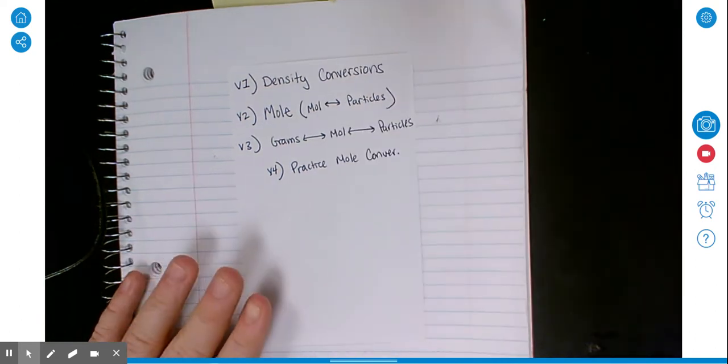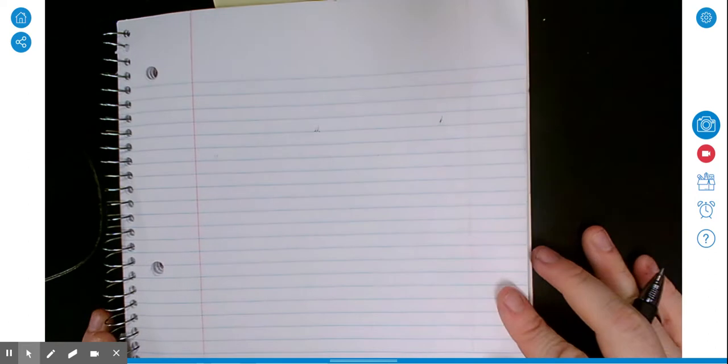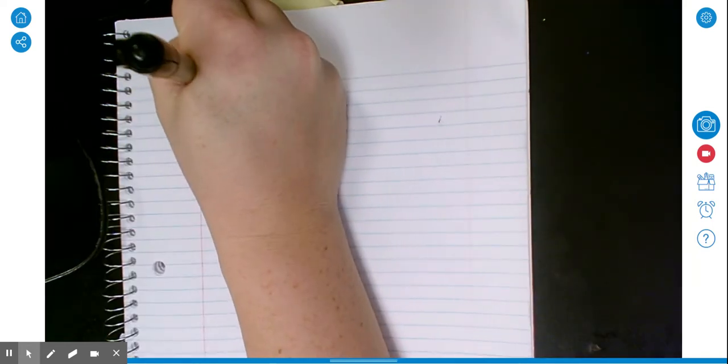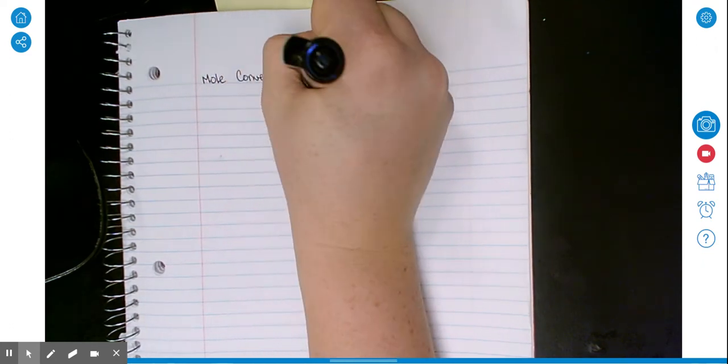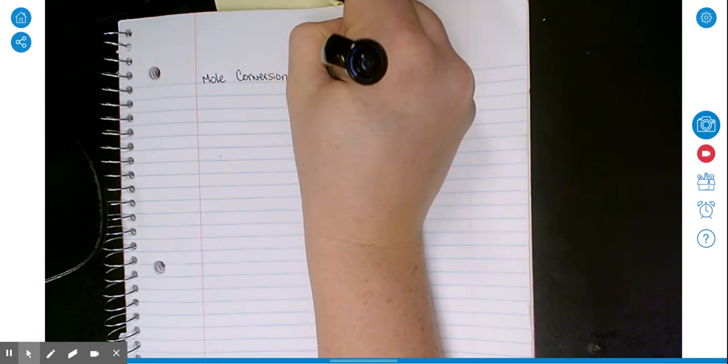Now, you're going to have a lot of practice and a lot of practice sheets assigned to you. We are going to be doing the first 3 examples off of mole conversions, homework number 1.